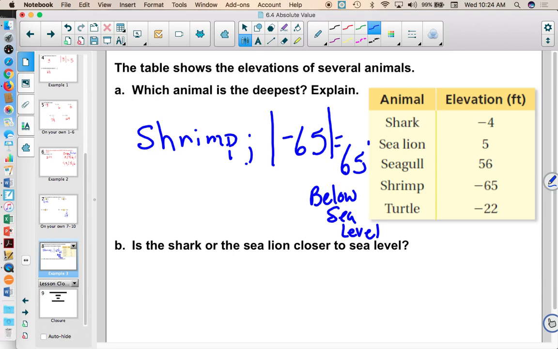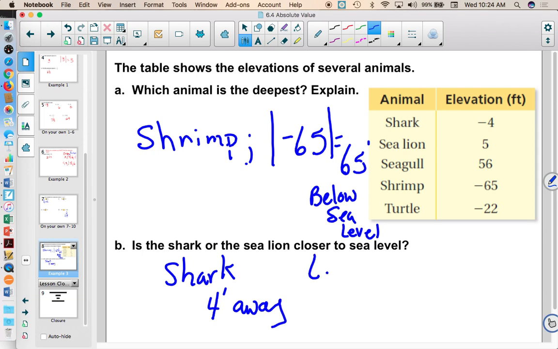Is the shark or the sea lion closer to sea level? It would be the shark because the shark is 4 feet away from being at sea level, and the sea lion is 5. Good.